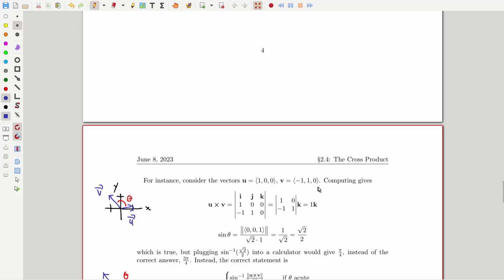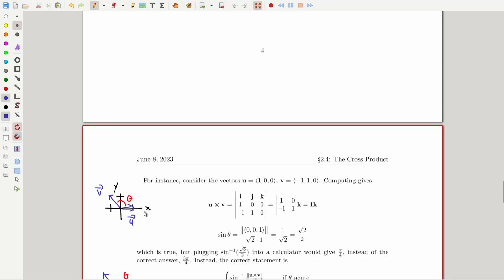Notice that u and v both have the z component equaling 0, so I'm just using the xy plane as we normally would, plotting things in 2D. And so the z direction is pointed out of the screen towards you. This horizontal vector is the vector u, and the vector v is this diagonal vector, 45 degrees, in the second quadrant. So visually, you can see that this angle is supposed to be, what's 90 plus 45?